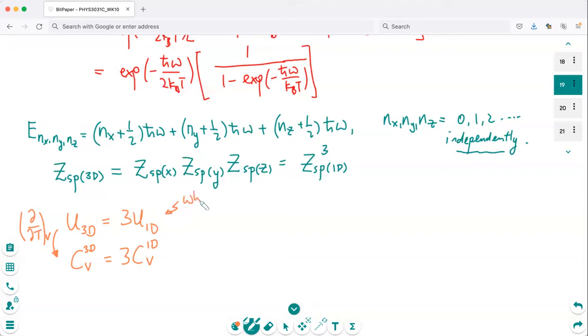So this is when I need your input. I want a very quick answer sent to me using the chat box, a private message, and tell me why this is the case. Why can I write this down? And this will really test your understanding. If you answer it correctly, this is really a matter of one sentence. So why can I do it like this? Okay, I get some answers coming in.